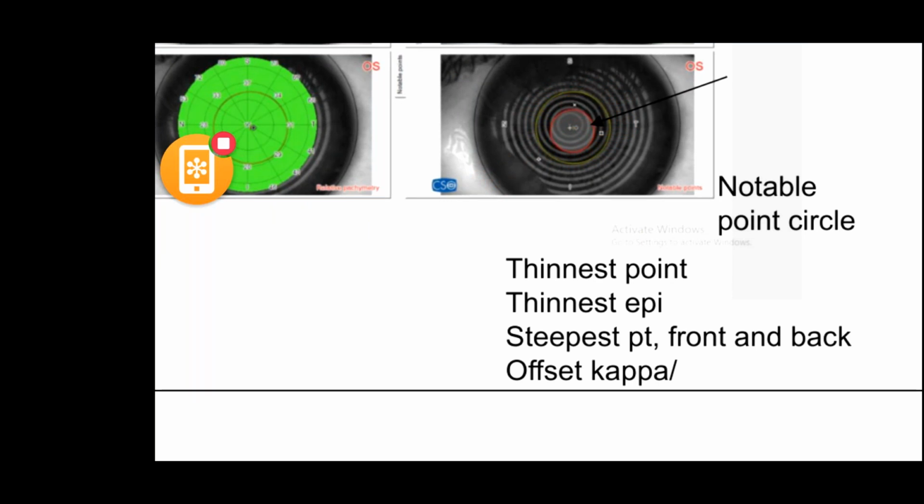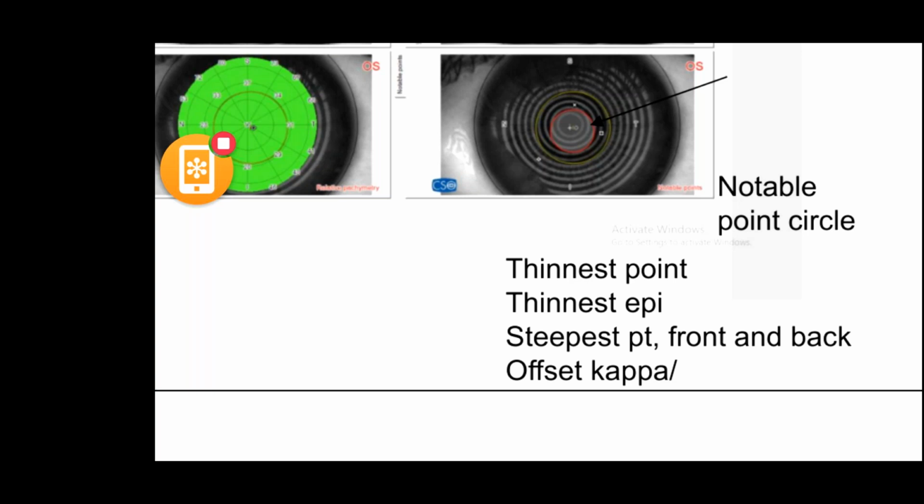So the most important notable points are the thin point of your cornea, the thinnest epithelium, the steepest point of your cornea, the front and the back elevation, the offset, and all your higher order aberrations. Everything it takes and plots into these points over here. If this circle becomes smaller and smaller, then you know most of these points are coinciding with each other, very close to each other.